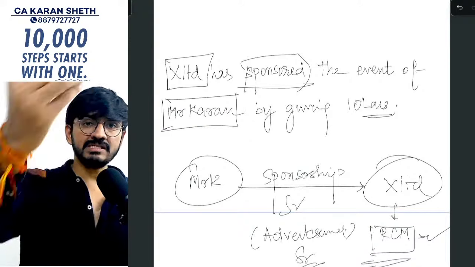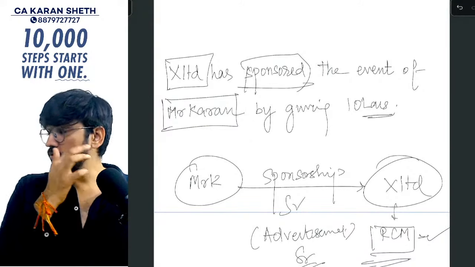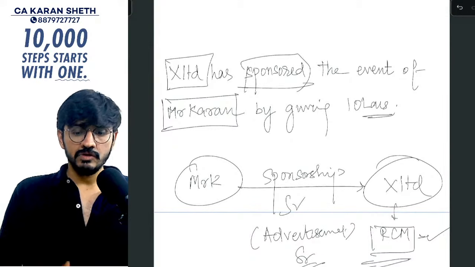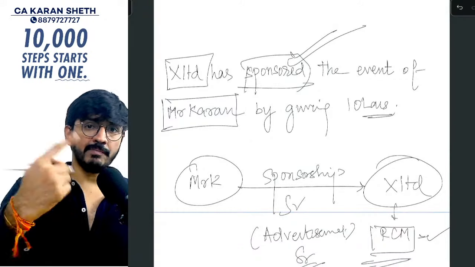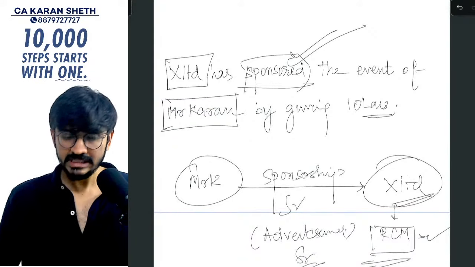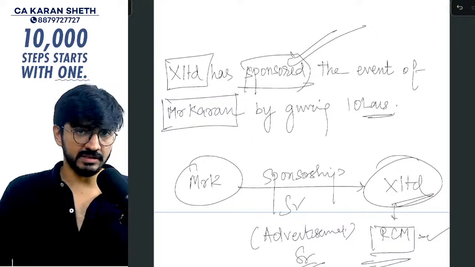The person who pays the money is the recipient, right? So they have made this confusion, but you have to remember this. Got it? When the word sponsored is used, you have to go a step ahead in determining who is the supplier and who is the recipient. The recipient is the one who has paid that amount; the supplier is, obviously, the remaining person.